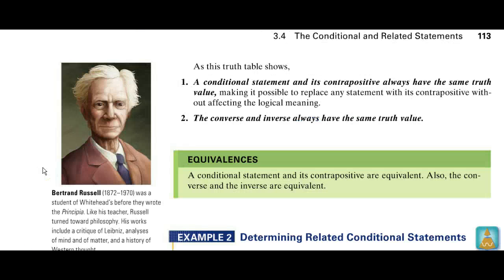And using your textbook to reference the truth table, notice the conditional statement and its contrapositive always have the same truth value, and the converse and inverse always have the same truth value.